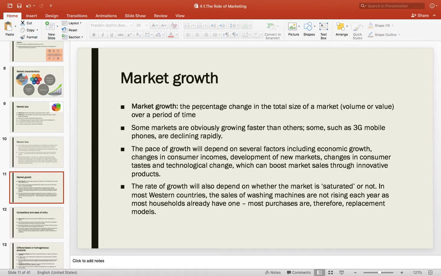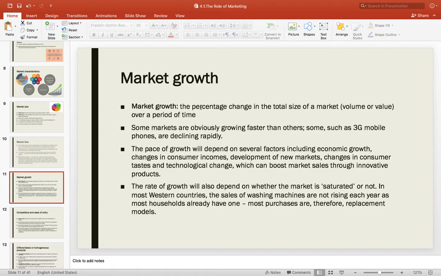When I say market, I'm talking about, let's say, the smartphone market, or the computer market, or the electronic market. I'm talking about the market of that product itself. The growth of every market depends on several things like economic growth, consumer income, and development of new markets.